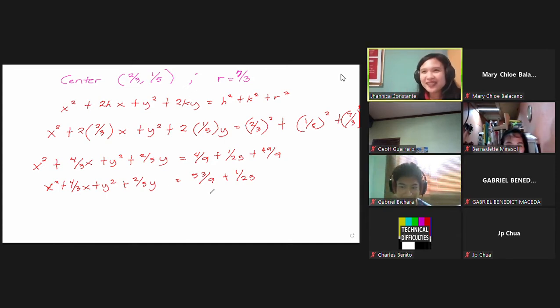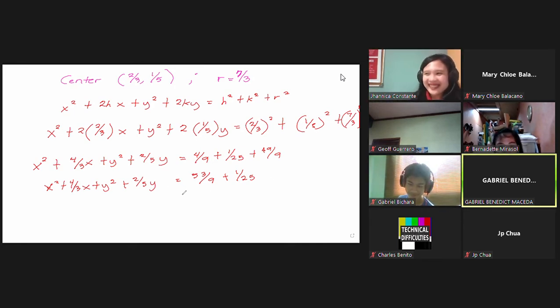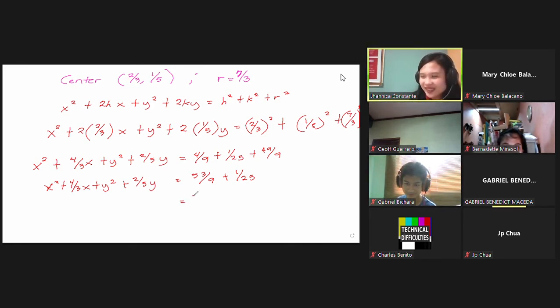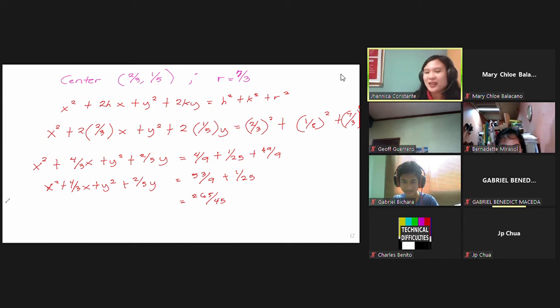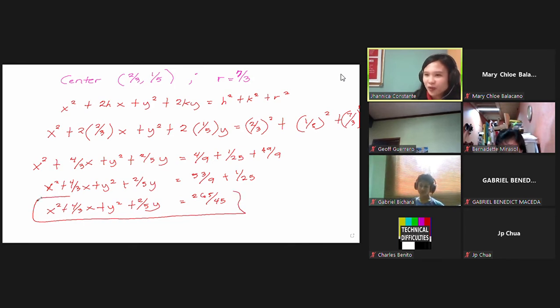No, you're going to find the LCD since they are not the same denominator. 265 over 225. So that is our expanded form of our equation: x squared plus 4/3 x plus y squared plus 2/5 y equals 265 over 225.